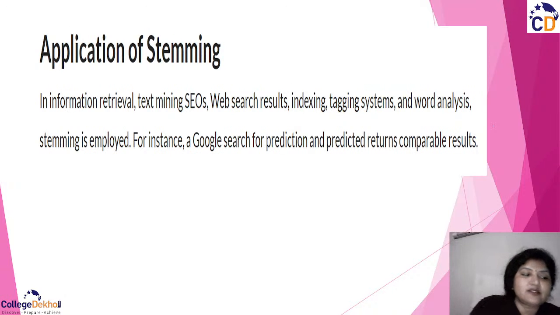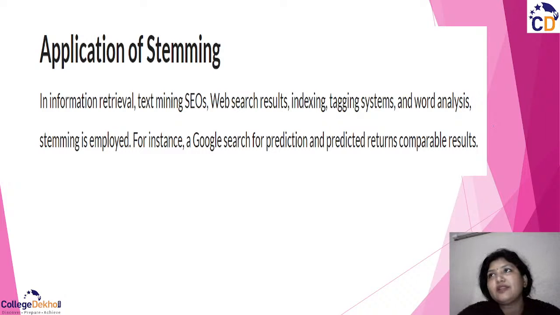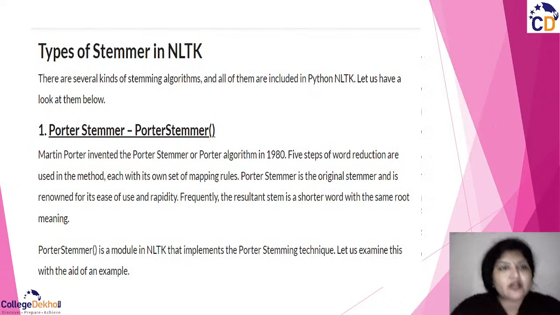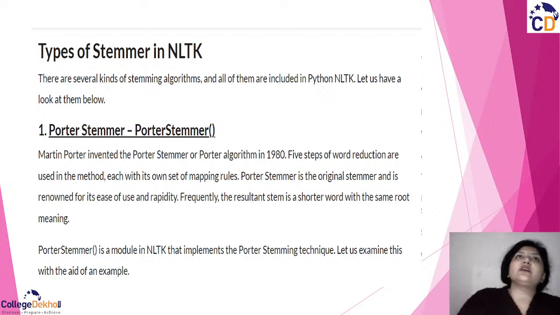Now let us understand the different types of stemming we have and the examples associated with them. There are several kinds of stemmers, and a stemmer is nothing more than a stemming algorithm itself. I have already discussed this.